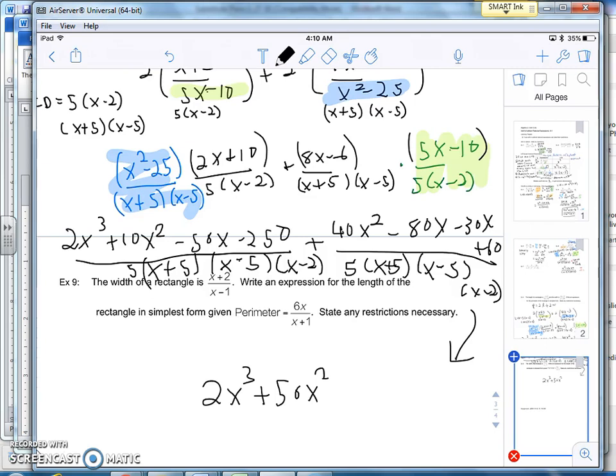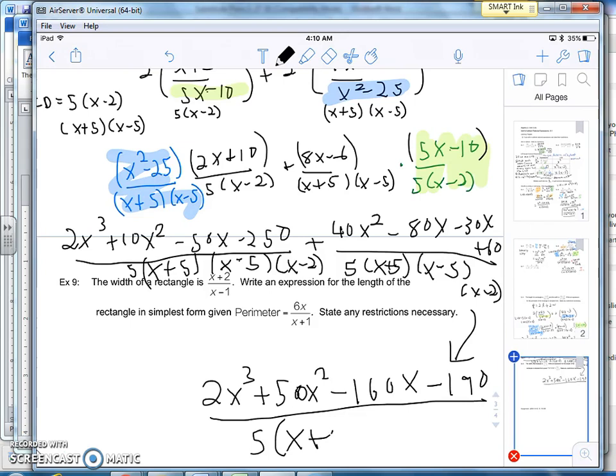Seems like I have negative 160x. And negative 250 plus 60 should be negative 190. Seems like it'd be a weird thing to factor, and it is. Doesn't appear to factor to me. So put it all over one denominator and be done with it.